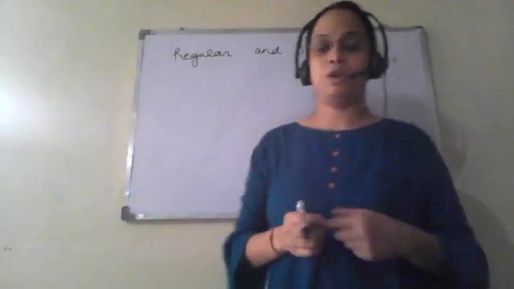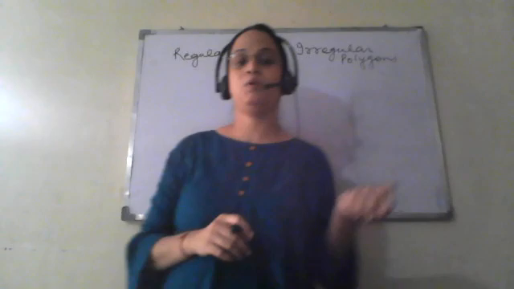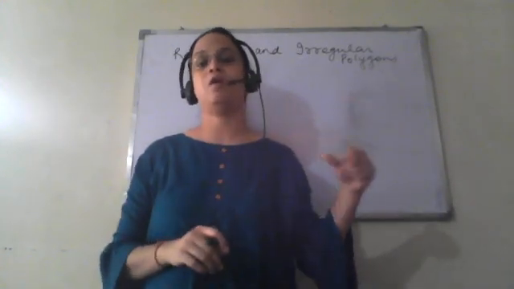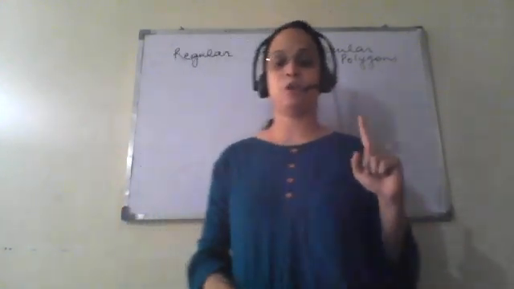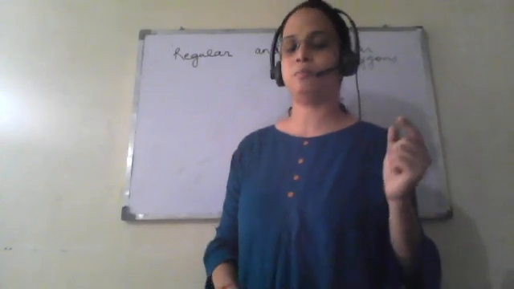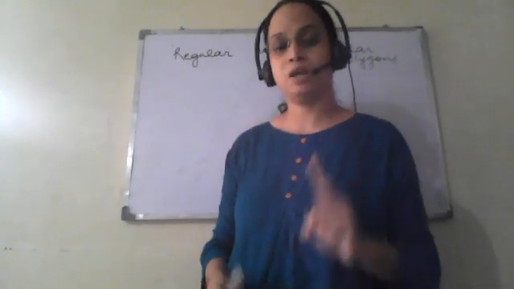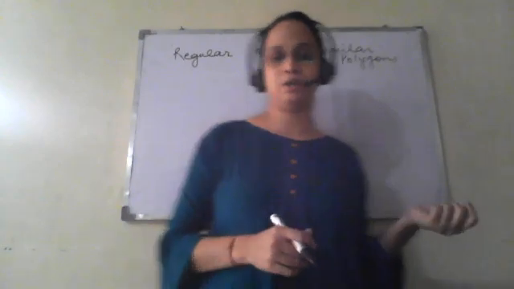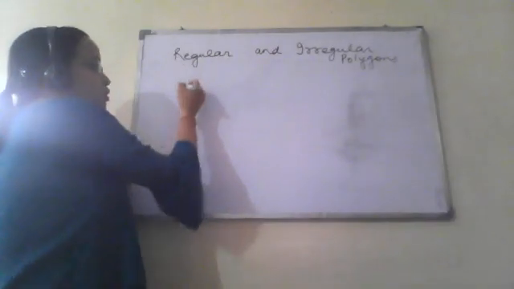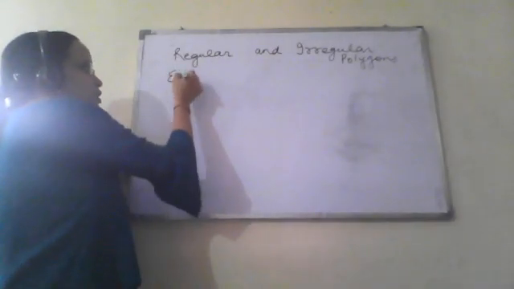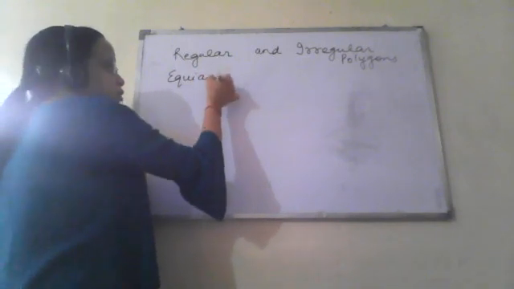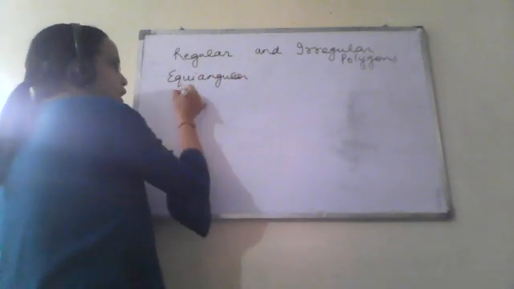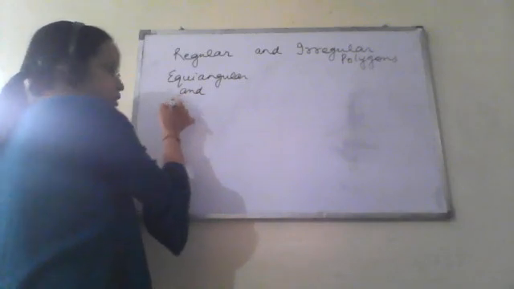For regular polygons, they should be equiangular, meaning each angle of the polygon should be equal, and each side should be equal, so equilateral.